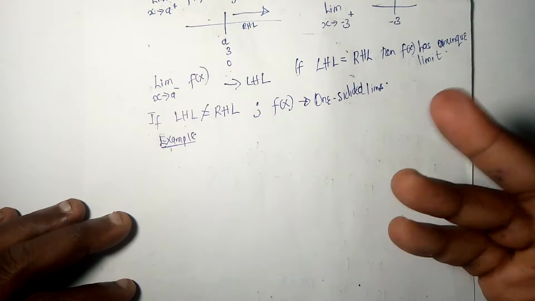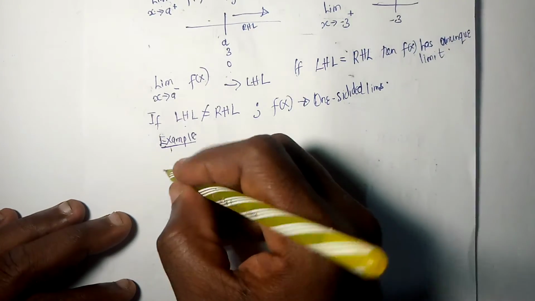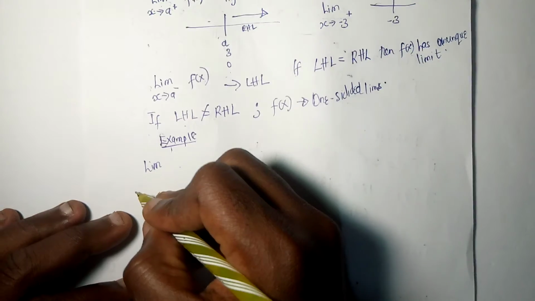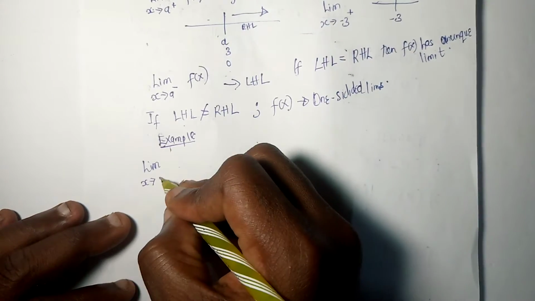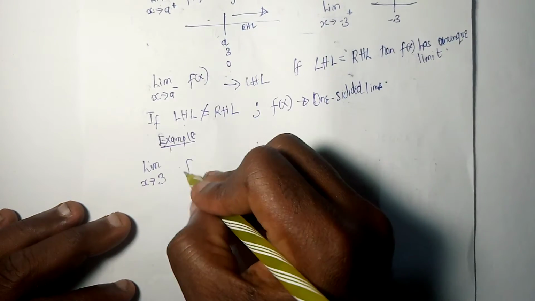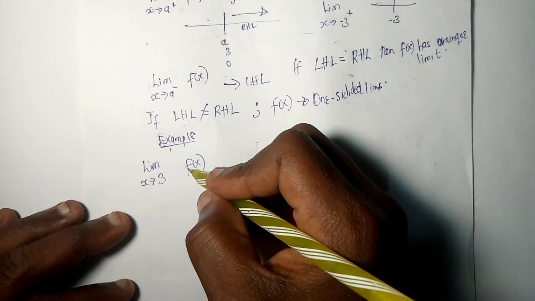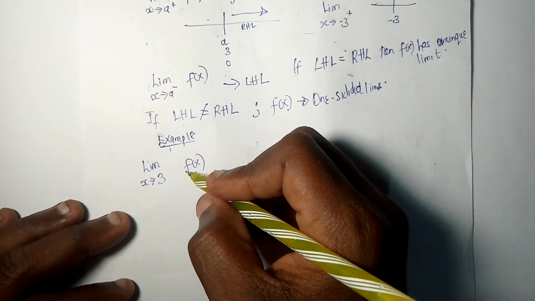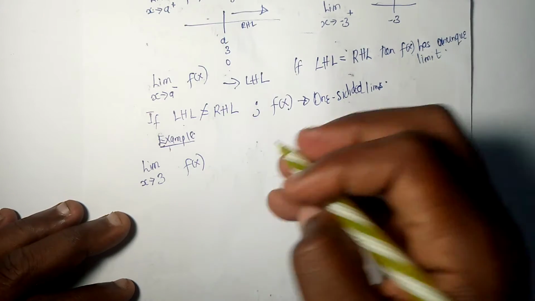So the example here: show whether the following function has a unique limit or a one-sided limit.